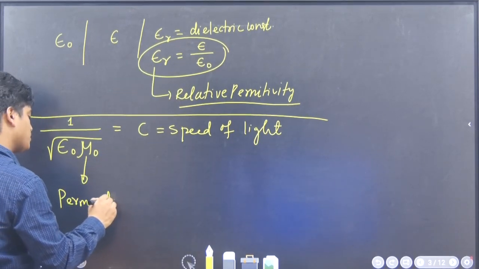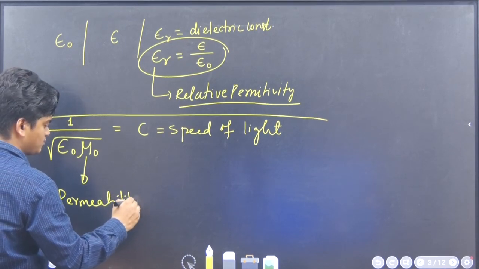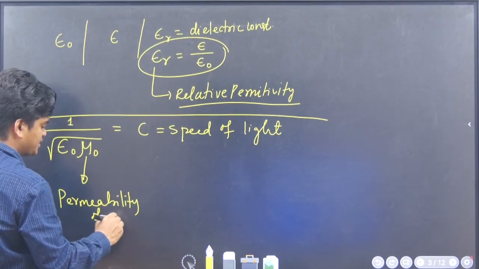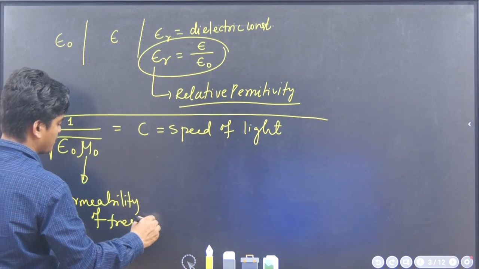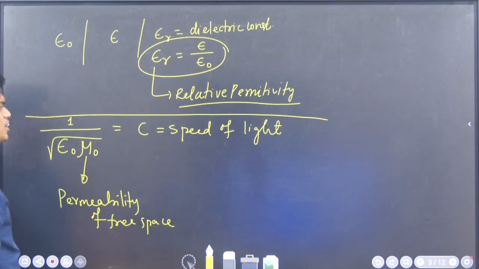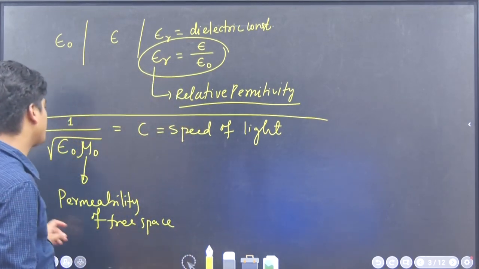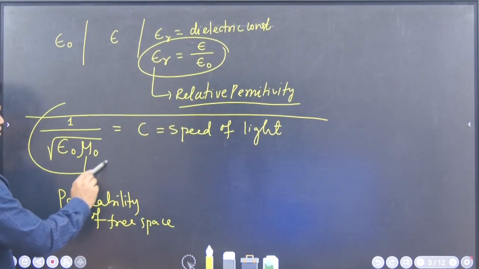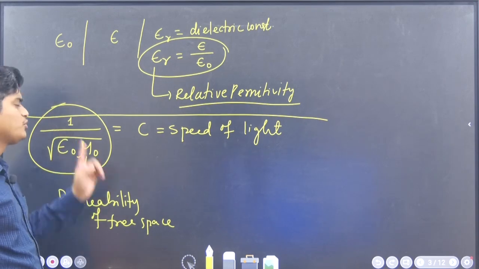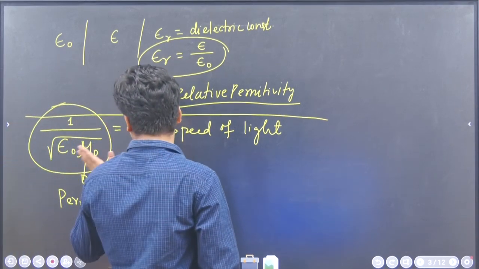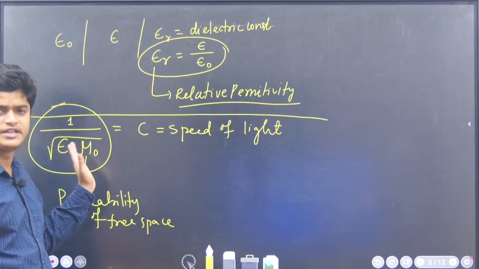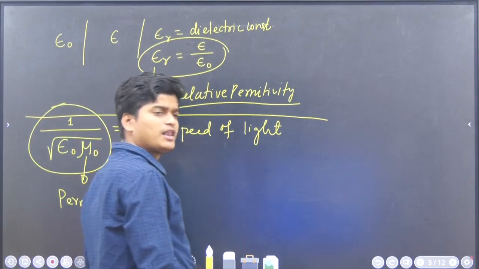Remember what is this? Permeability of free space. Okay. So the speed of light, its unit is nothing but meter by second. That means sometimes if they ask what is the unit of this 1 by root under epsilon naught mu naught, then it is basically speed of light.